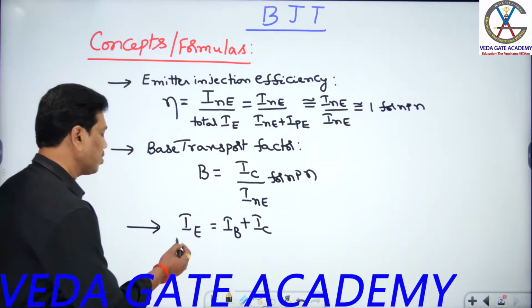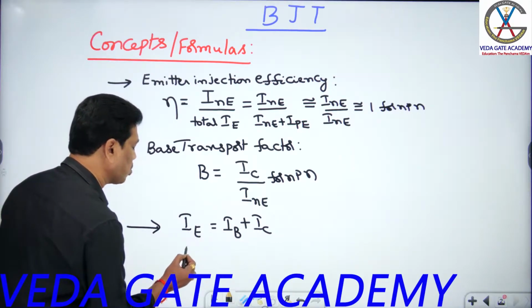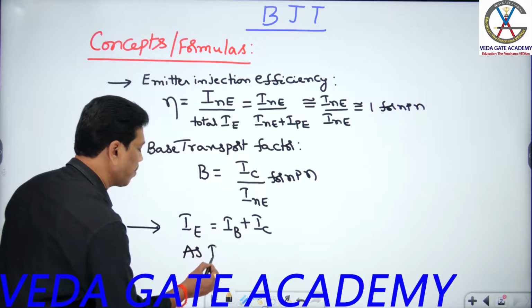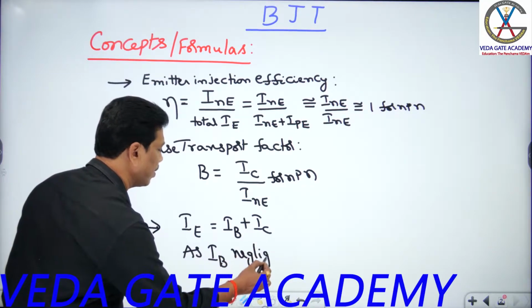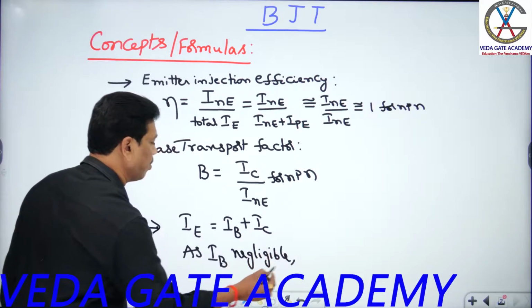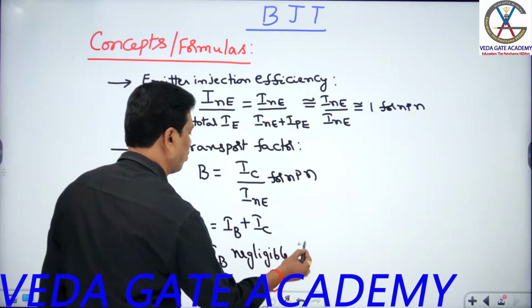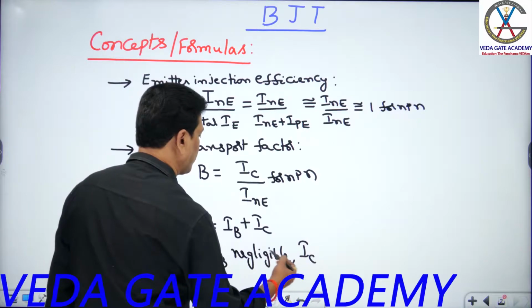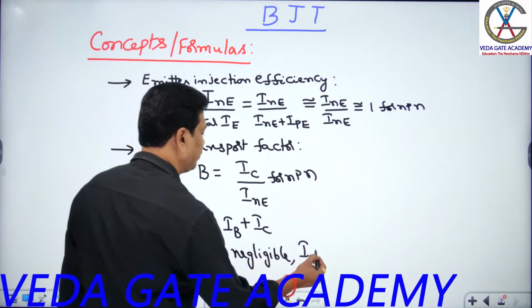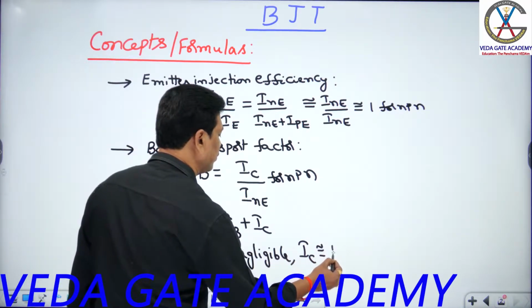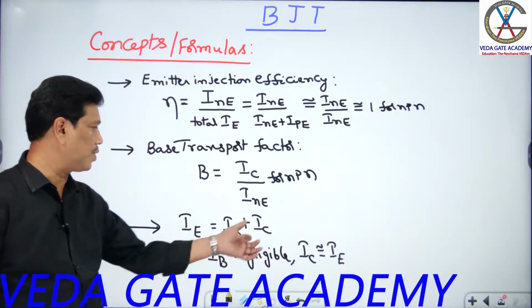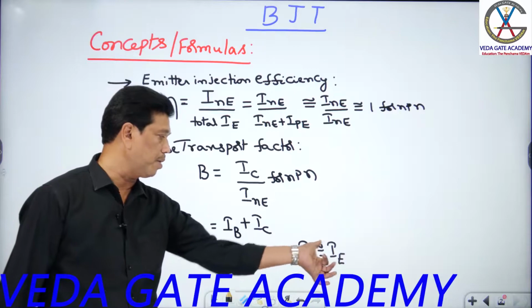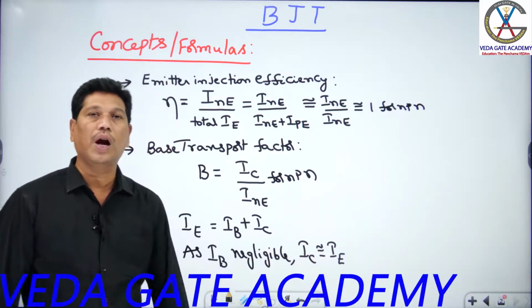Since IB is negligible, in a BJT IC is close to IE.